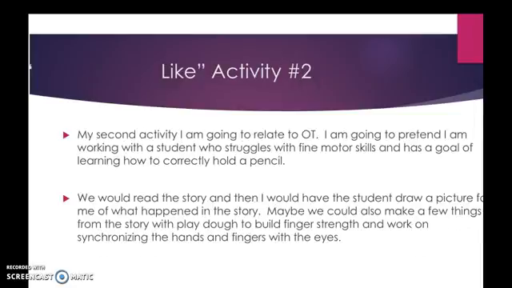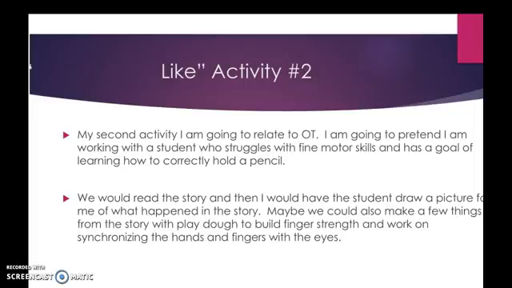The second activity I related to OT, and I pretended that I was working with a student who struggles with fine motor skills and has a goal of learning how to correctly hold a pencil. The student that I worked with didn't have this goal or need OT services, but I did the same type of activity.